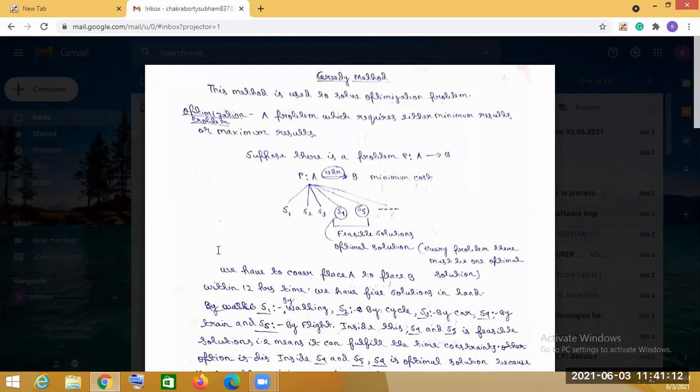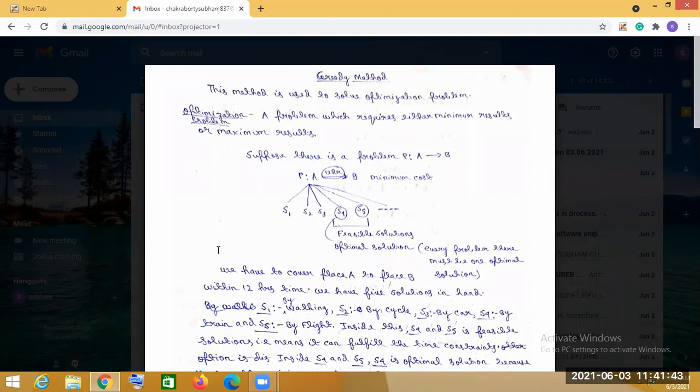Same as that in the problem, we said that from location A to location B there are 5 ways. But among the 5 ways, we have set a constraint that we have to reach from location A to location B within 12 hours. If we go by walking, it will take greater than 12 hours. If we go by cycle, it will take greater than 12 hours also.